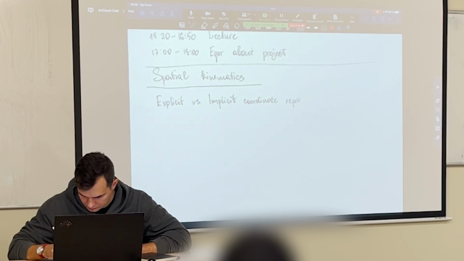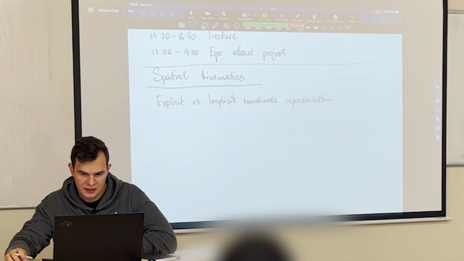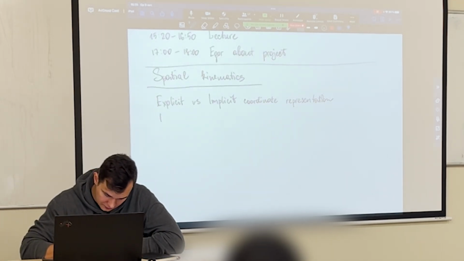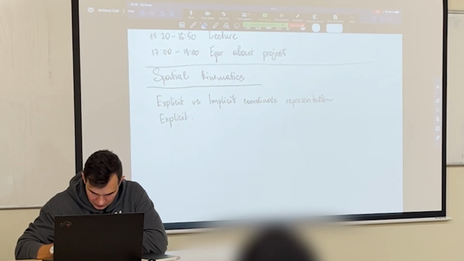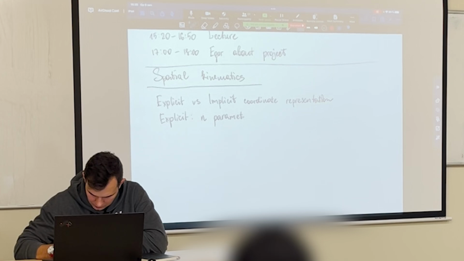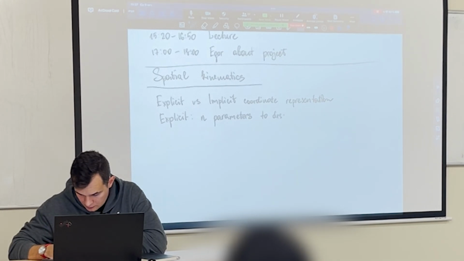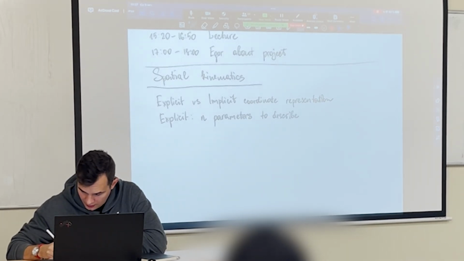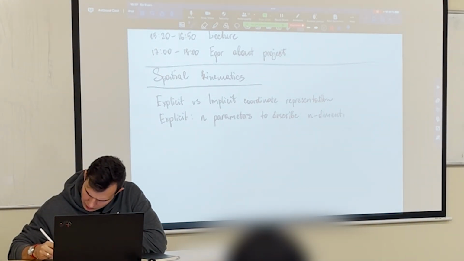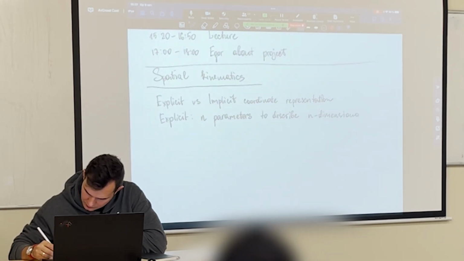Explicit means that you have n parameters, basically n numbers, to describe an n-dimensional space.